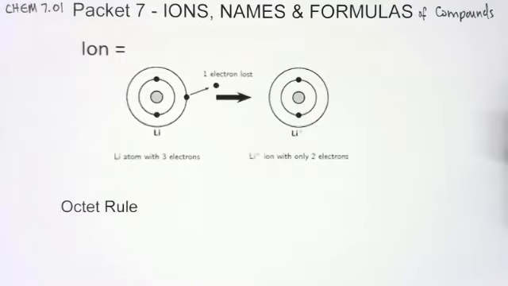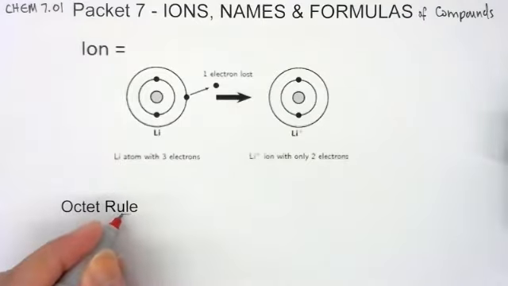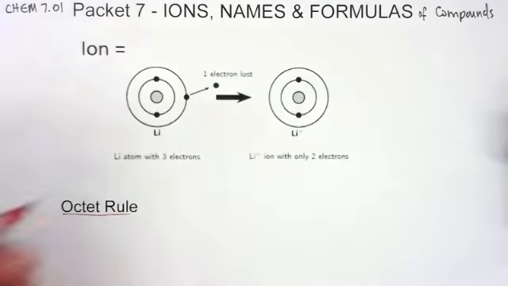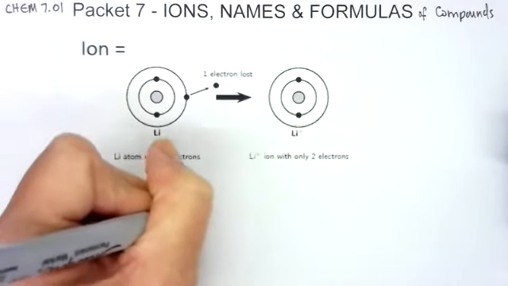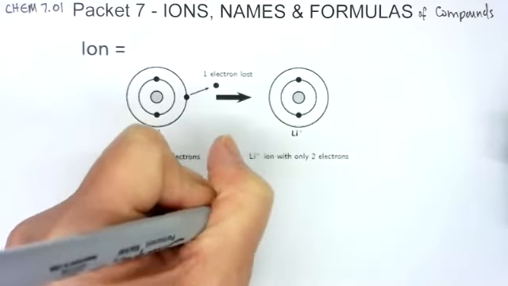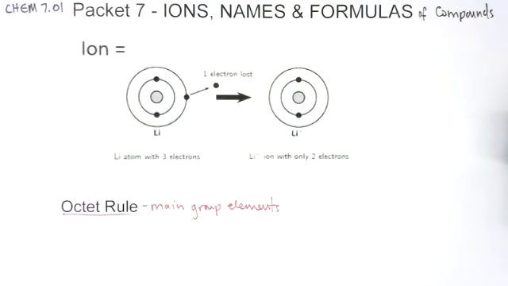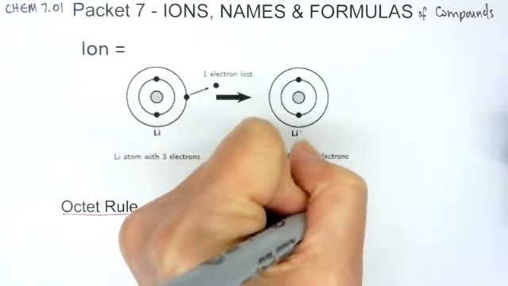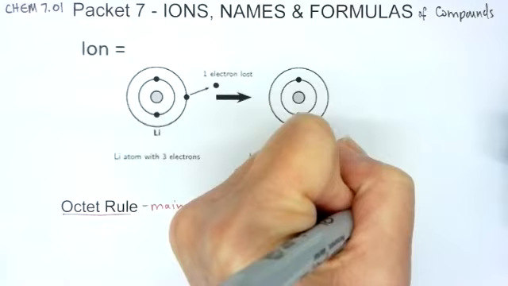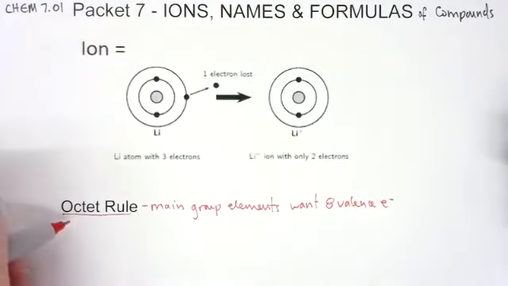One of the key points that we've had is the octet rule. That says that main group elements want 8 valence electrons. There are exceptions, of course.